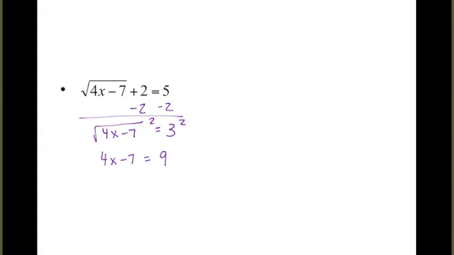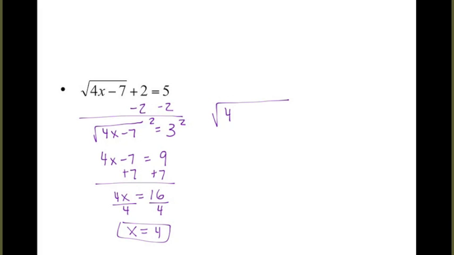Then we can continue solving as a linear equation and add 7 and divide by 4. Again, we should check these answers by plugging them back in and making sure we get what we're supposed to.